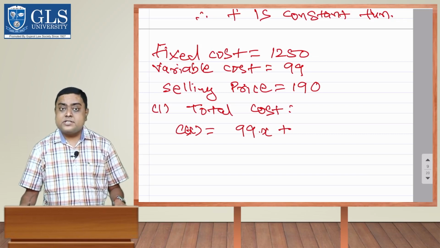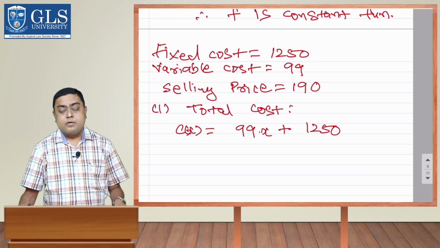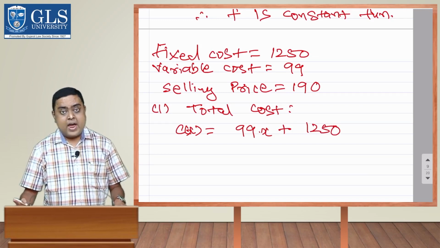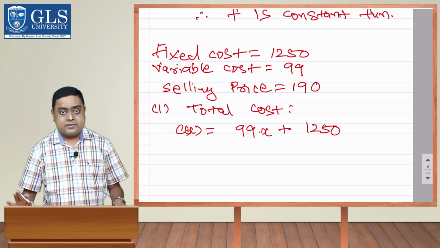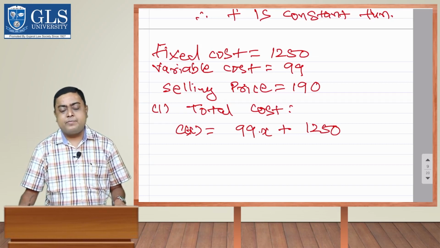The fixed cost is 1250. It is constant, right? So we do not multiply it with x, remember. So the total cost function is equal to 99x plus 1250.